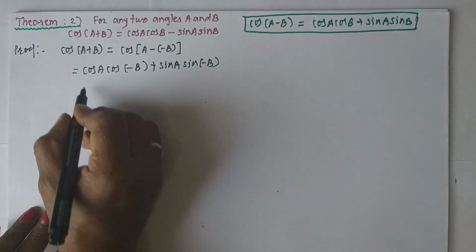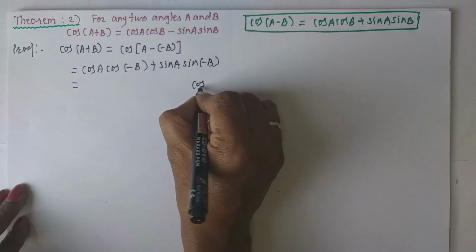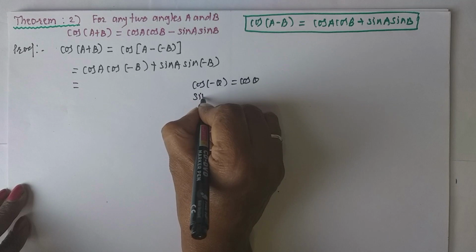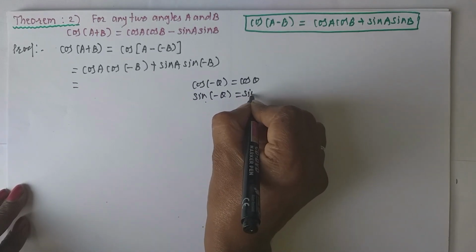Now, what do we know? We know the property that cos minus theta is cos theta and sin minus theta is minus sin theta.